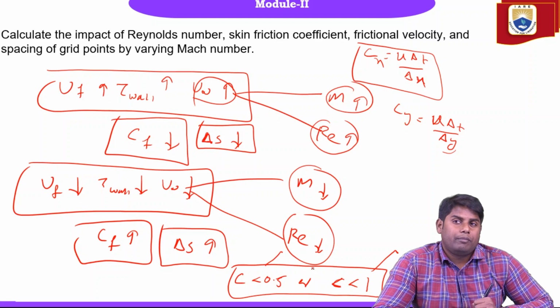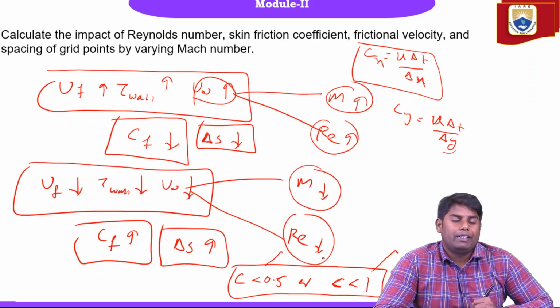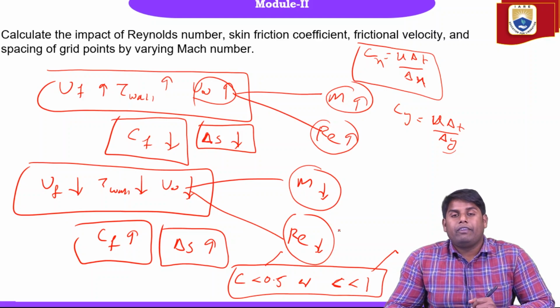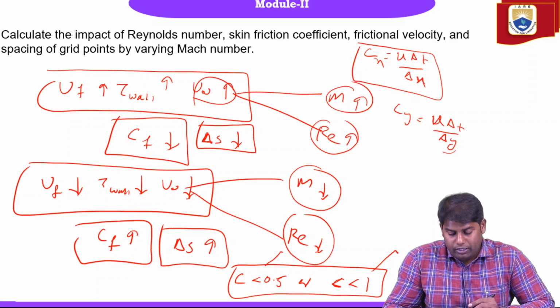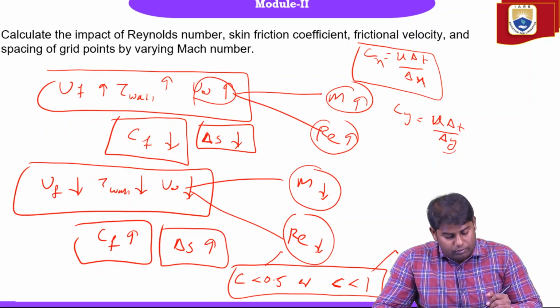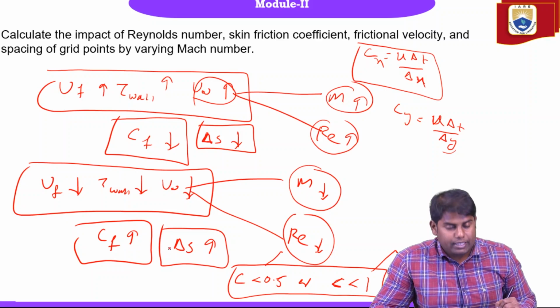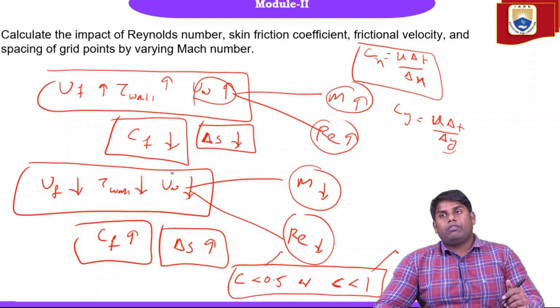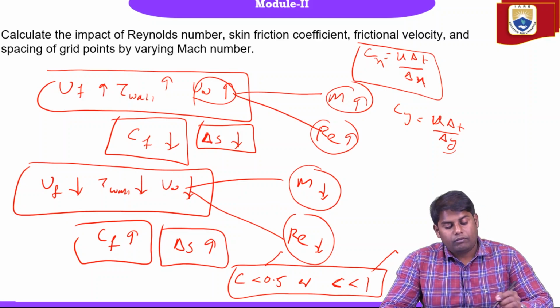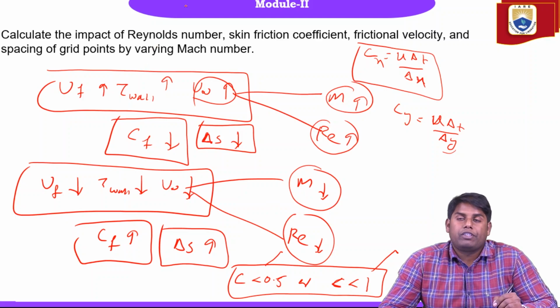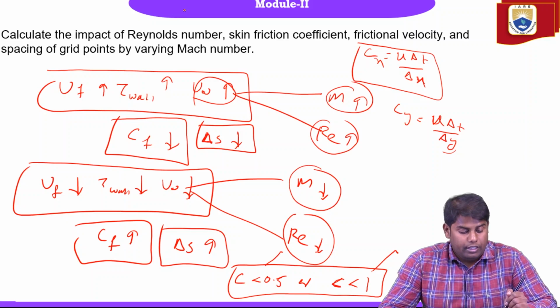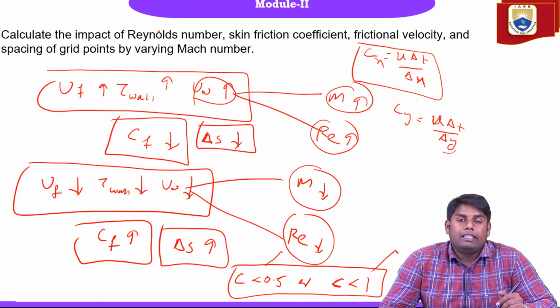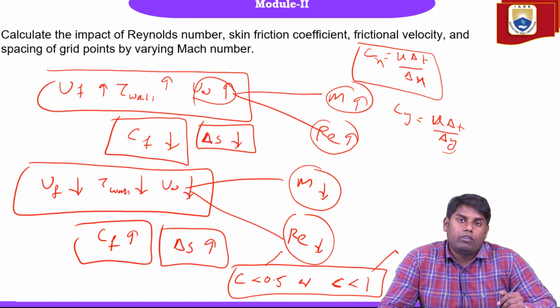So if it is in between, sometimes the Courant number may change when the spacing between the grid points changes. Fine. So here the spacing is showing an impact on the stability also. Therefore, your Reynolds number, skin friction coefficient, frictional velocity, spacing, and these aspects are also showing an impact on the stability of the scheme.